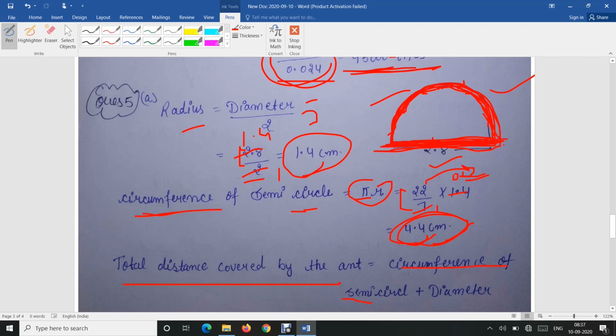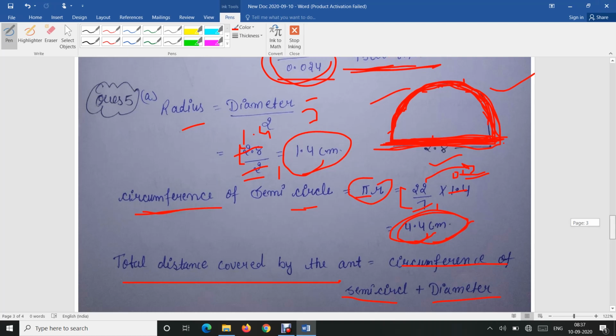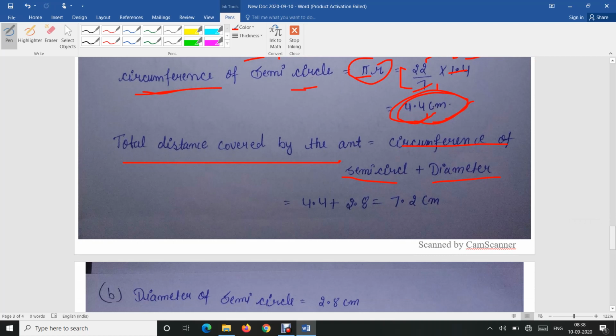The circumference of the semicircle is 4.4 centimeter and the diameter is 2.8 centimeter. So 4.4 plus 2.8 is equal to 7.2 centimeter. So the total distance covered by the ant in the first case is 7.2 centimeter.